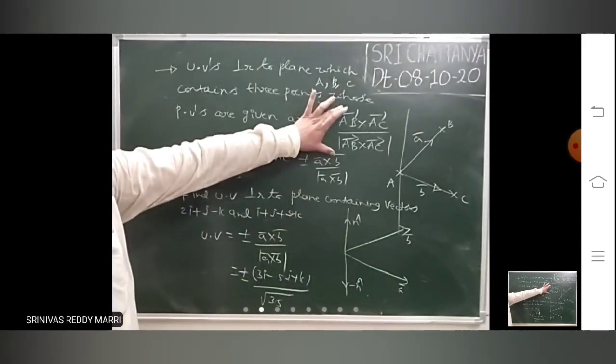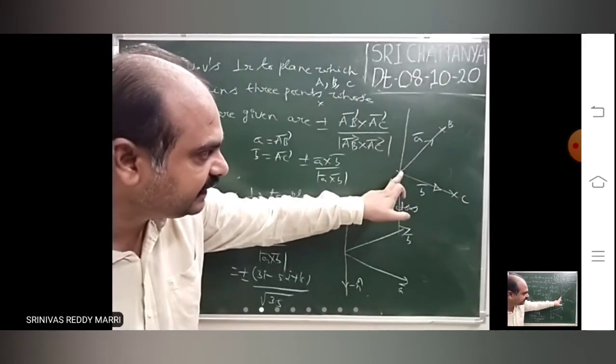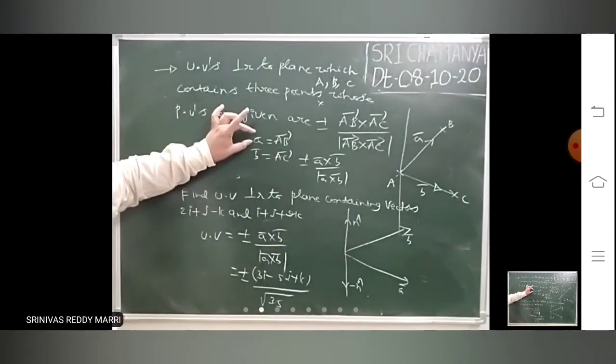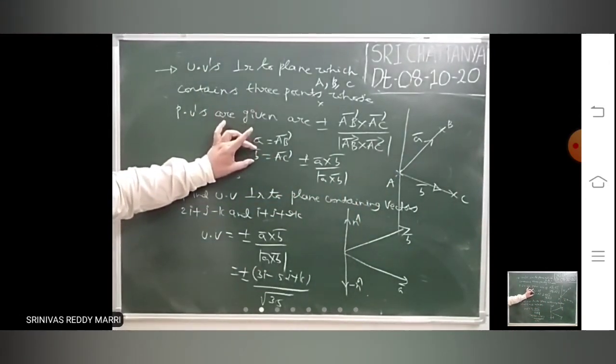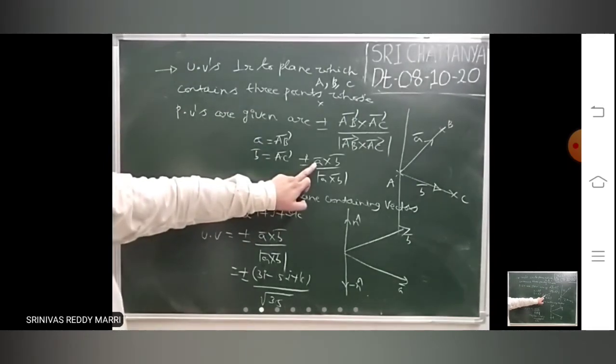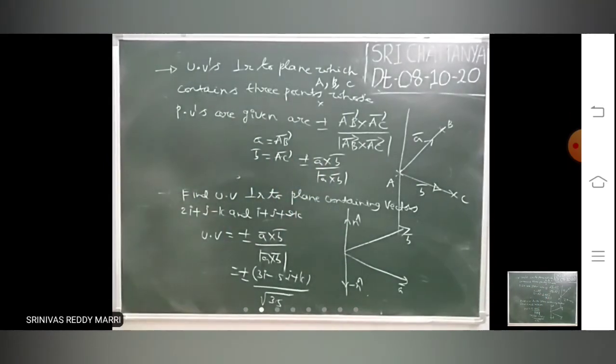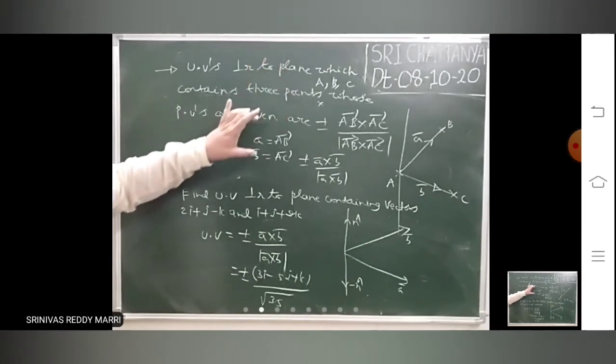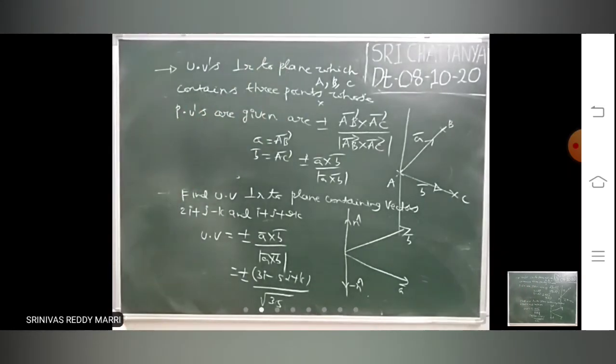So if 3 points are given, immediately you form 2 vectors AB and AC, take them as A bar and B bar, and then write plus or minus A bar cross B bar divided by modulus A bar cross B bar. If 2 vectors are directly given, use the direct formula. If 3 points are given, form 2 vectors.